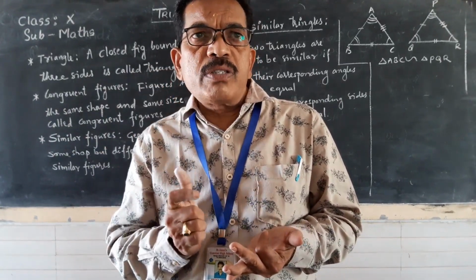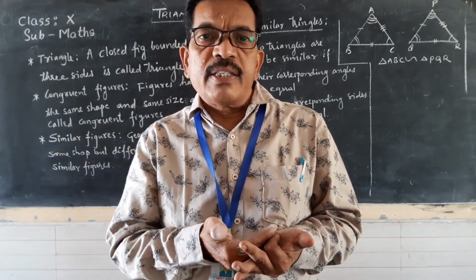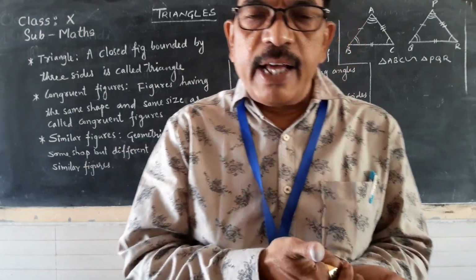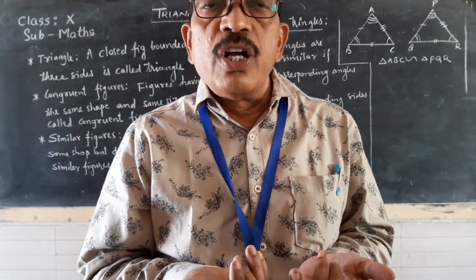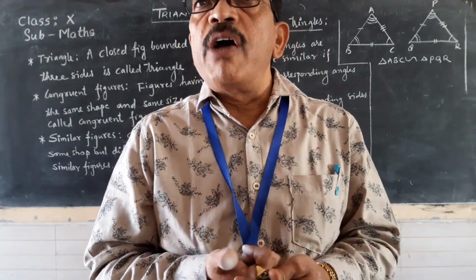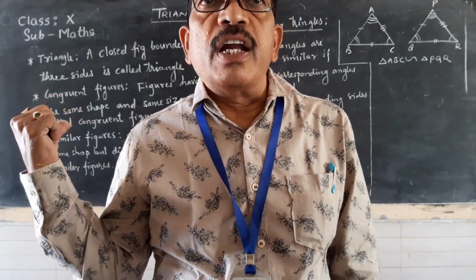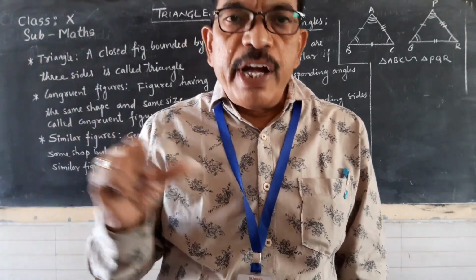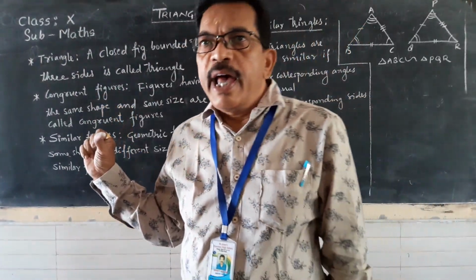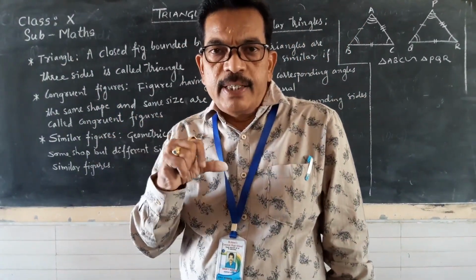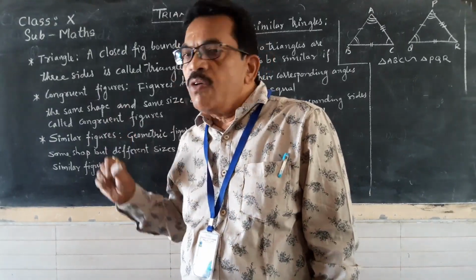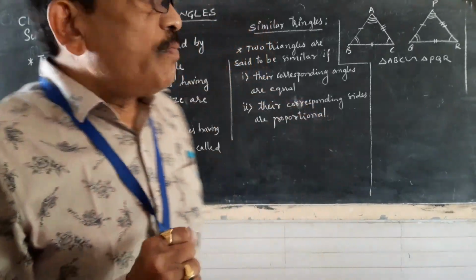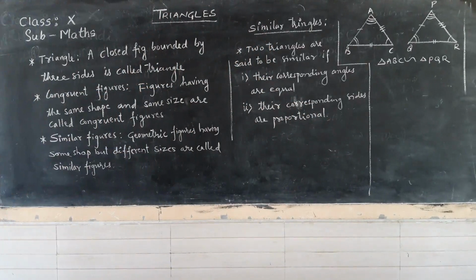You come across congruent triangles as well as similar triangles in this topic. I have written some definitions related to the basic concept of triangles. So write down all these points as basics. Okay, now write down this along with the diagram.